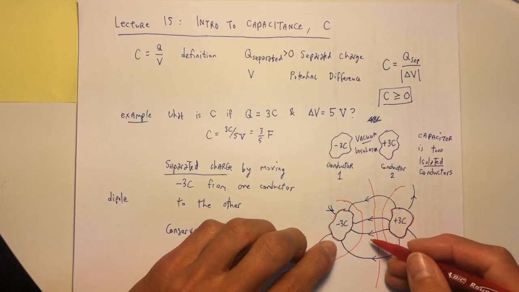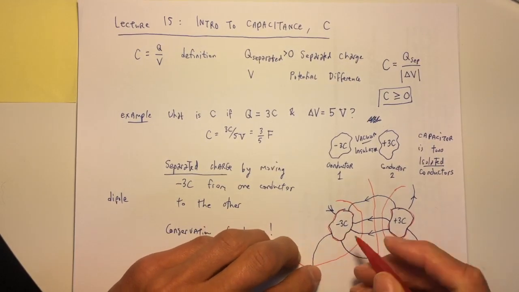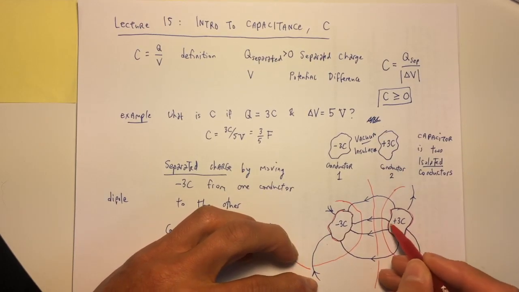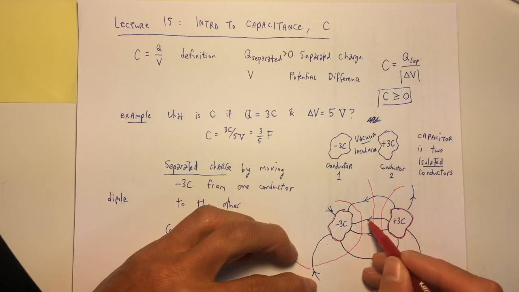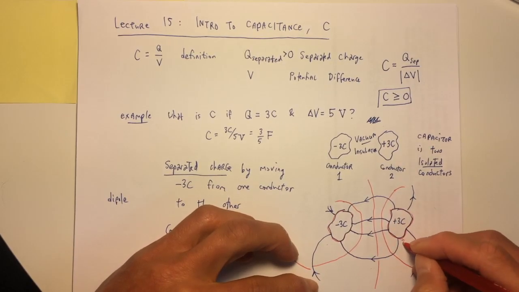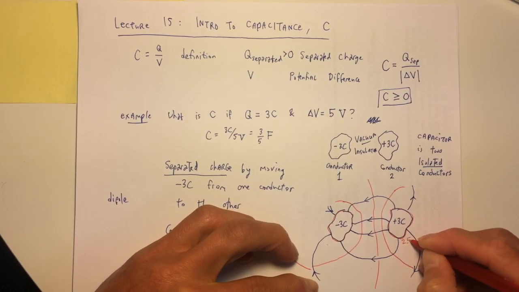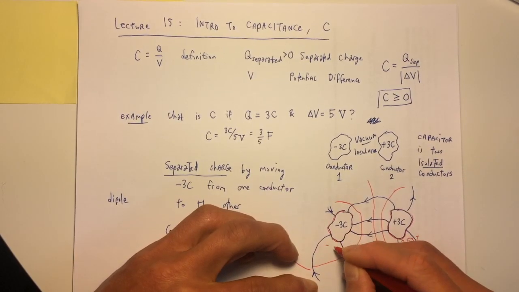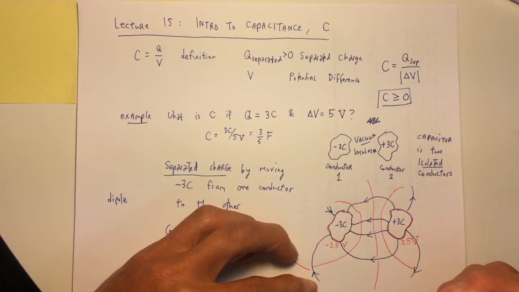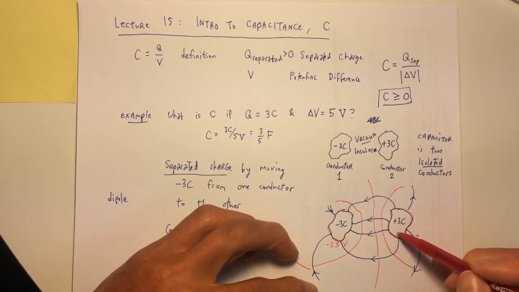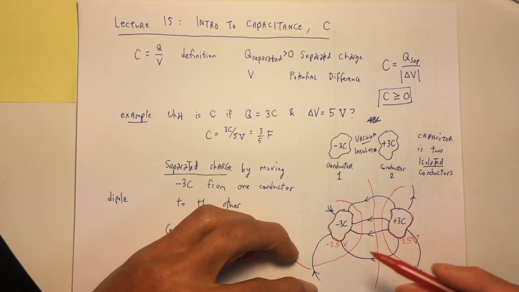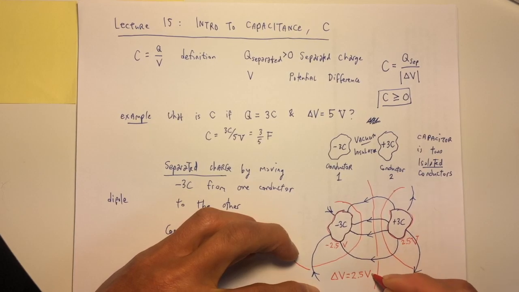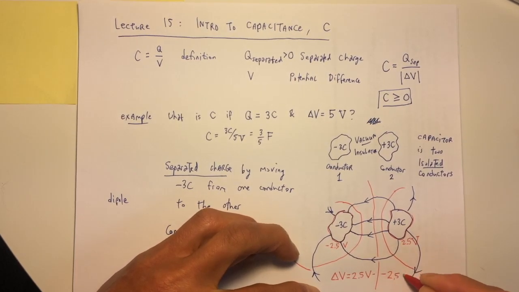But anyways, one thing we could do is we could say that this surface here is the equipotential associated with, so field lines point from high to low, high potential to low potential. So let's say that this one at the high potential is positive 2.5 volts. And down here, this is negative 2.5 volts. The potential difference between the high conductor and the low conductor is 2.5 volts minus a negative 2.5 volts.